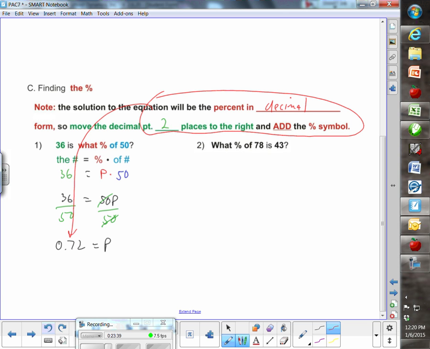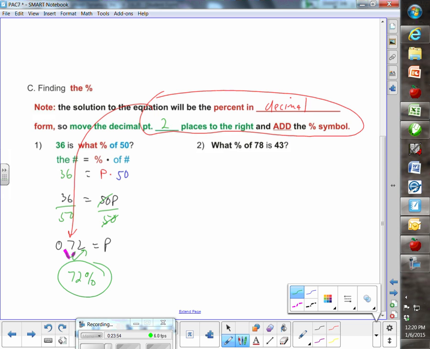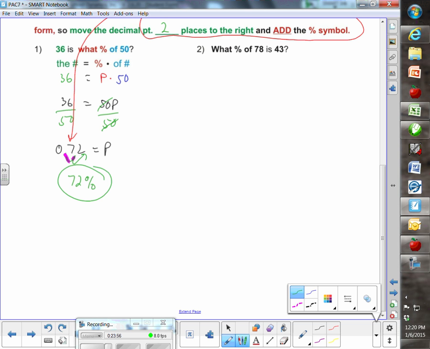So we've got to take this thing and move the decimal point. Got to move that decimal point 2 places to the right and add the percent symbol. 72%. I'll put it higher for you. Move the decimal point 2 places to the right and add the percent symbol.